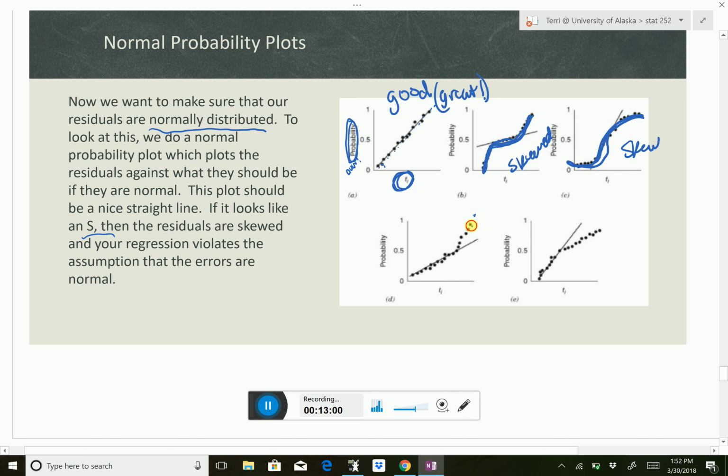Okay, this one is skewed. This one is skewed. So all these other ones are bad. They're going off of normal because normal should go in a straight line. So that's what we're looking for. Looking for a straight line. That's your normal probability plot.